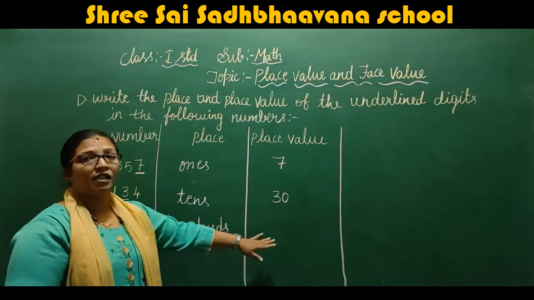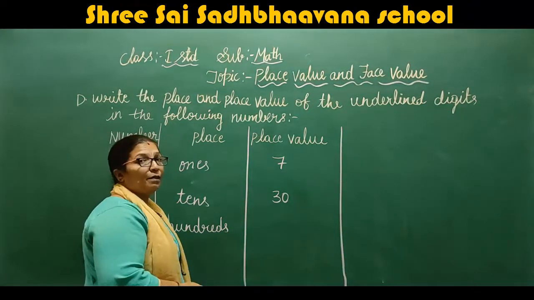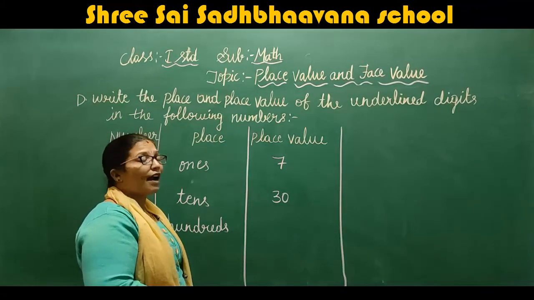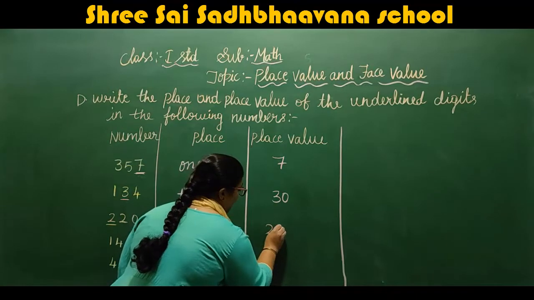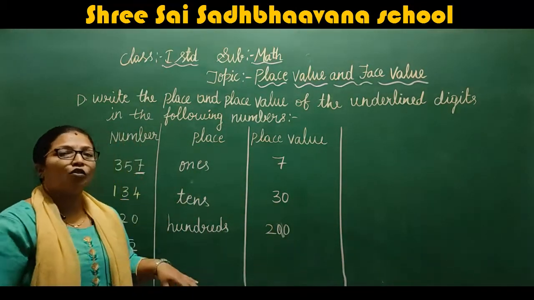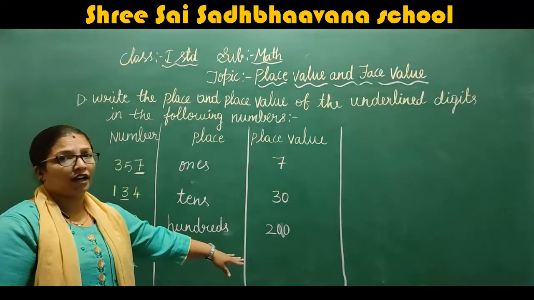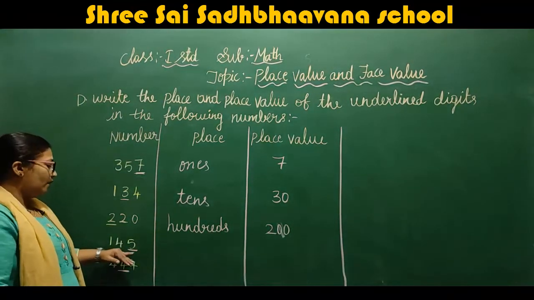What will be the place value now? Since it is in the hundreds place, the value will be in hundreds, right? So 2 into 100 is 200. The value of 2 is now 200 because it is in the hundreds place.